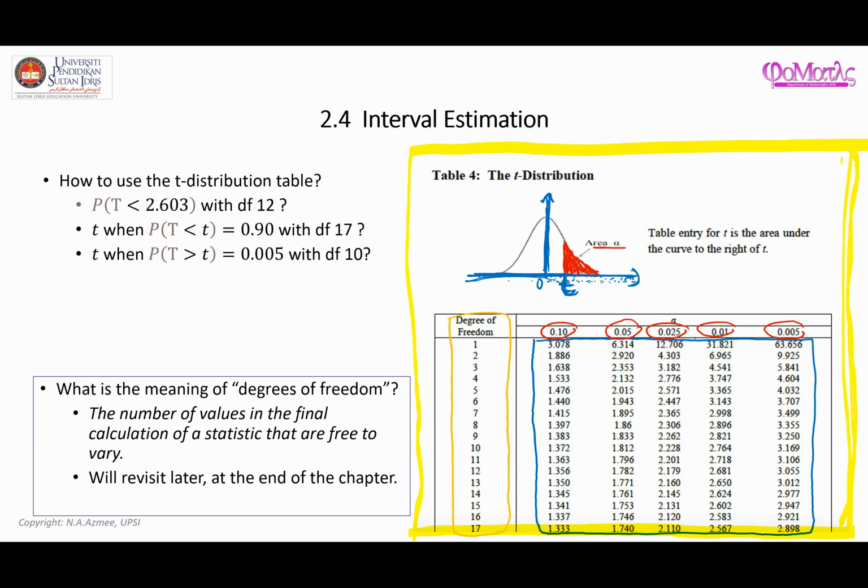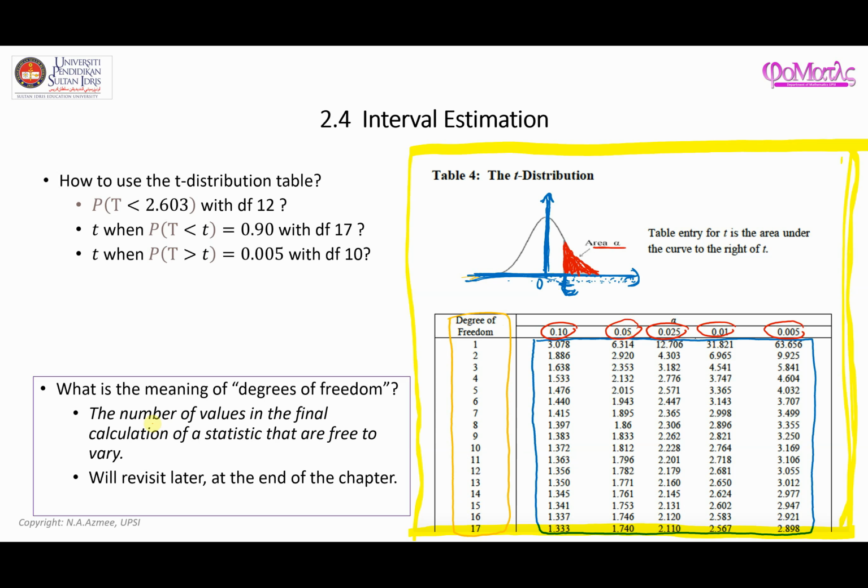So in this table there are three items. The first is the T quantiles, or the T values, the values of the horizontal axis. Then the area is given at the top here. These are the areas or the probabilities, and then the degrees of freedom. So what are the degrees of freedom?